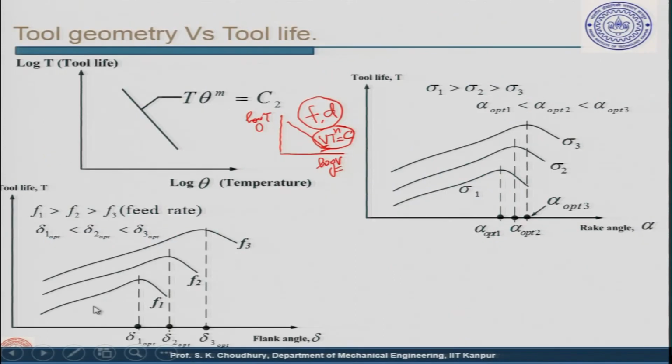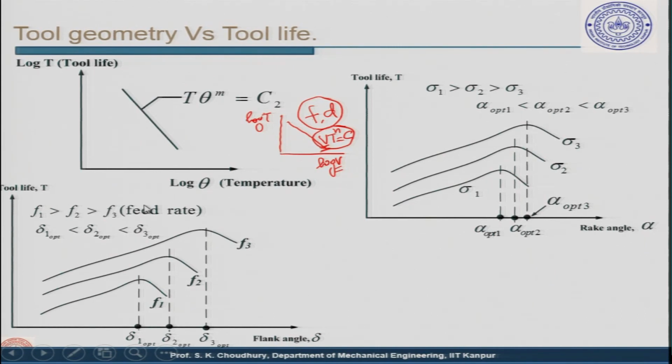So, for example, this curve is made with a feed rate of F1, which is more than the feed rate used for this operation, and this is more than the feed rate used in this case. So, F1 is the maximum feed in comparison to F2 and F3, and F2 is more than F3.